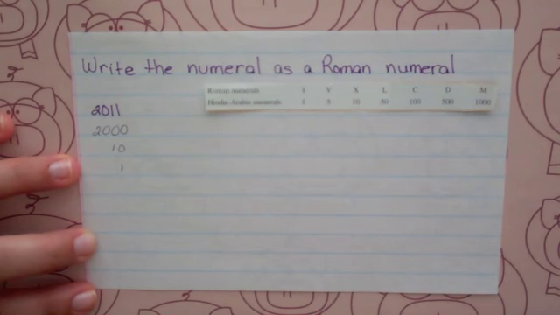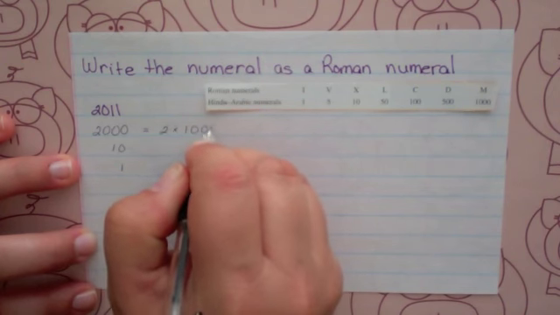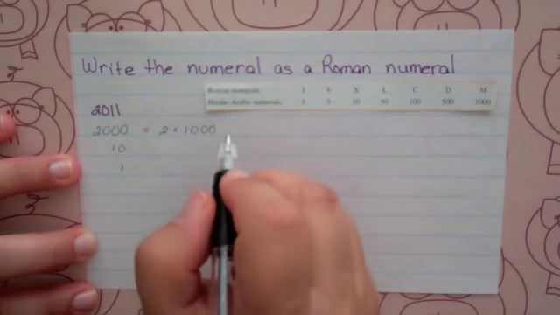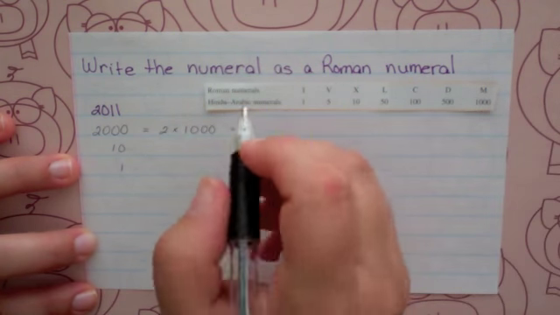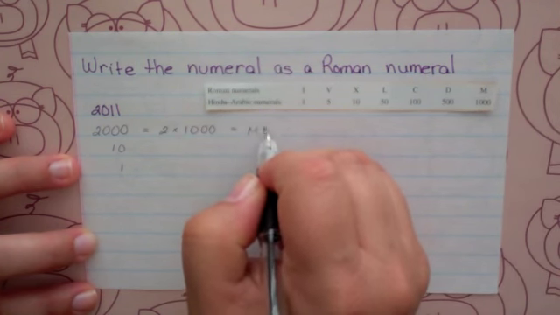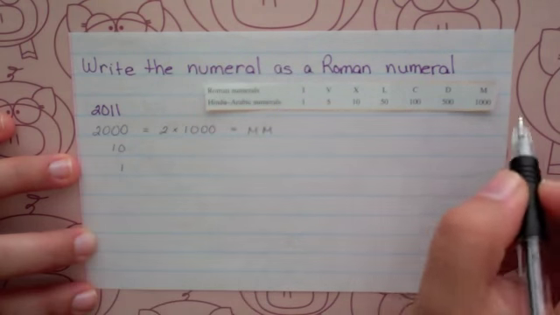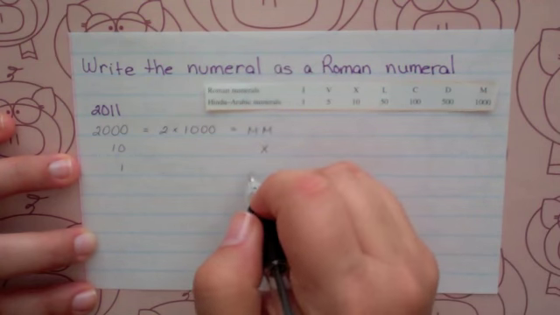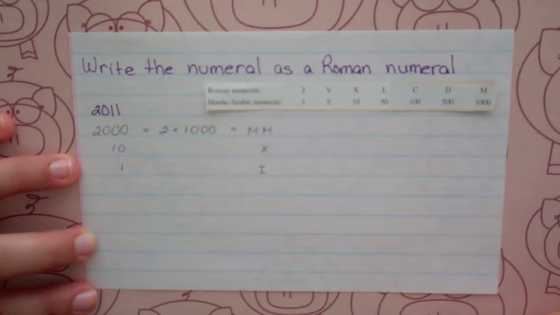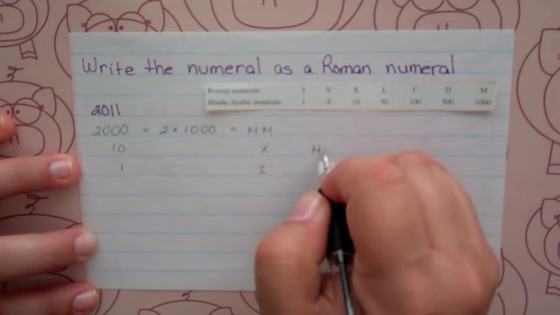So again, I broke it up into its parts. 2000 is 2 times 1000. 1000 is represented by M. I have 2 of them, so I need 2 M's. 10 is represented by an X, and a 1 is represented by an I. So in Roman numerals, 2011 is represented as MMXI.